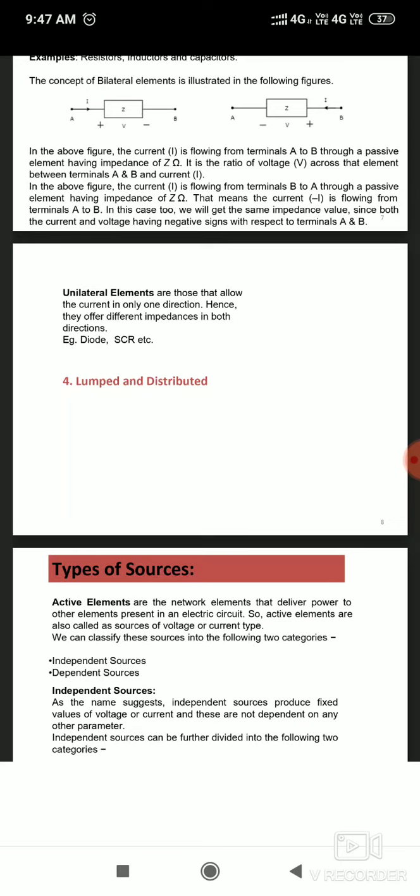A number of power hubs, we can say, power grid, we call it power grid. So such type of distributed networks are there, so they are big in size. So here we are studying linear elements, bilateral elements, and lumped networks. Do you understand? So these are the types of network elements.